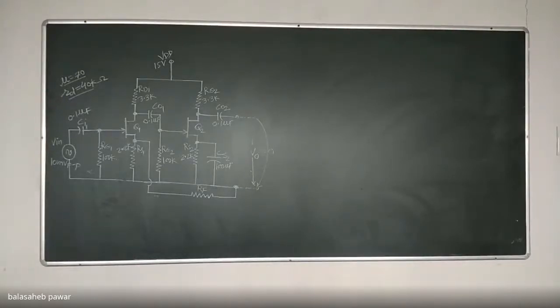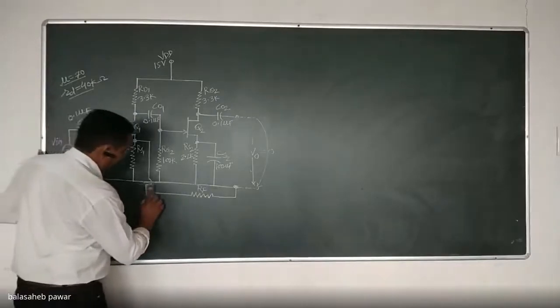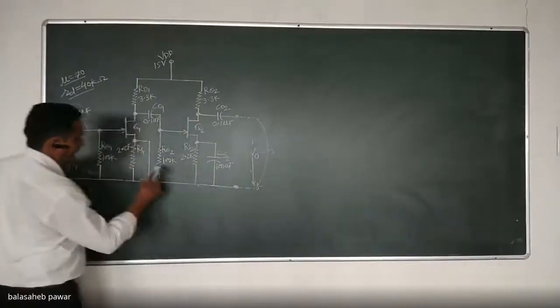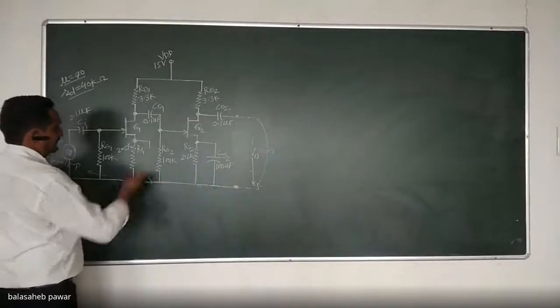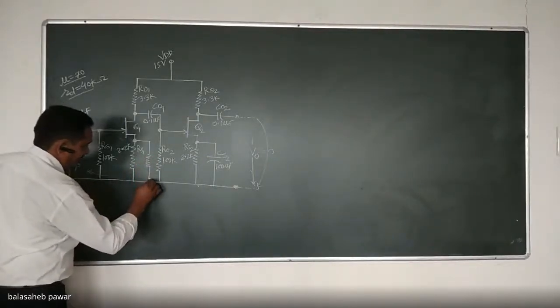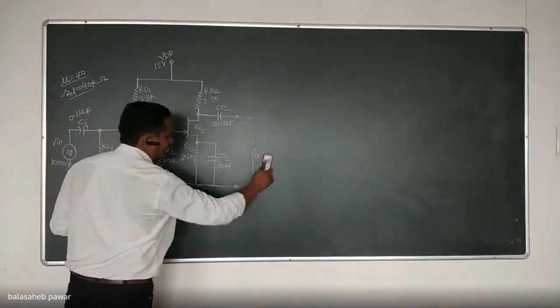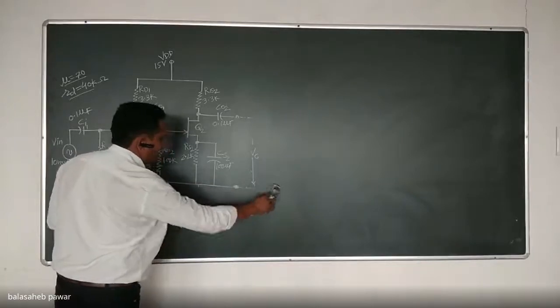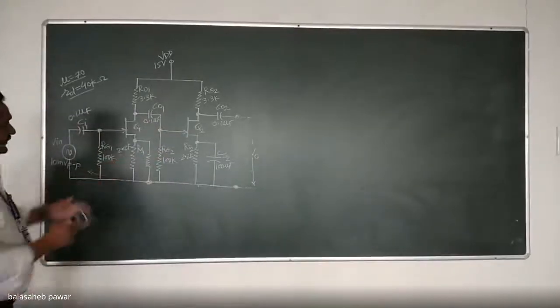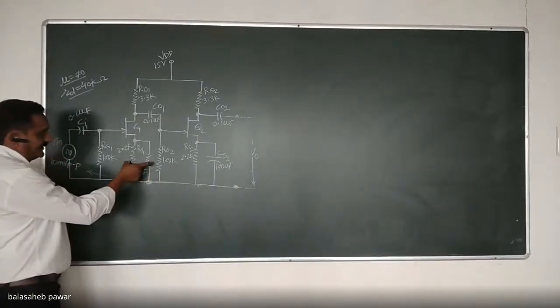Hence, instead of showing it like this, I will just remove it and place it like this with respect to ground itself, right? So this is nothing but our input circuit. That means in our input circuit, RS1 and this feedback resistor, that is RF, will be in parallel with each other.